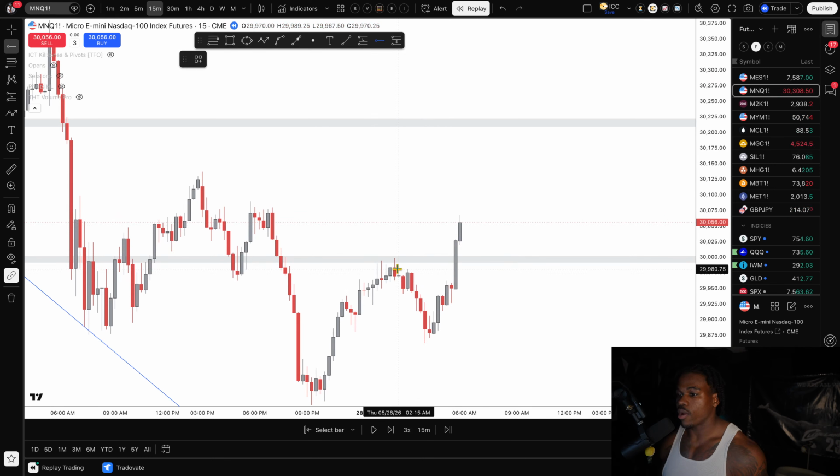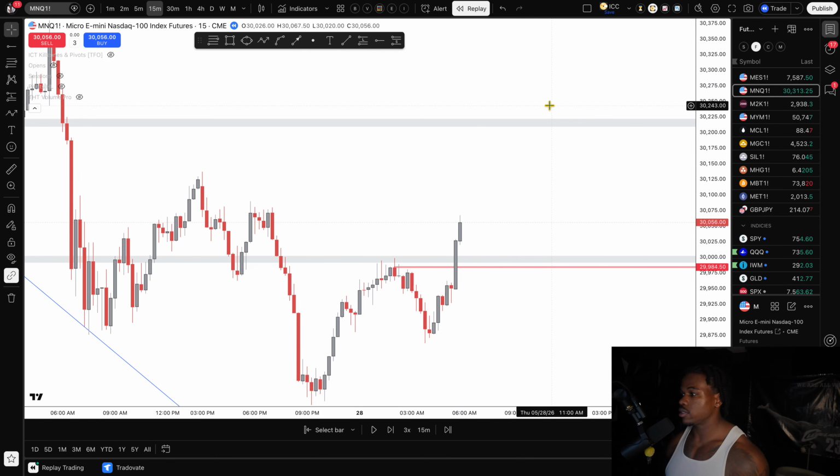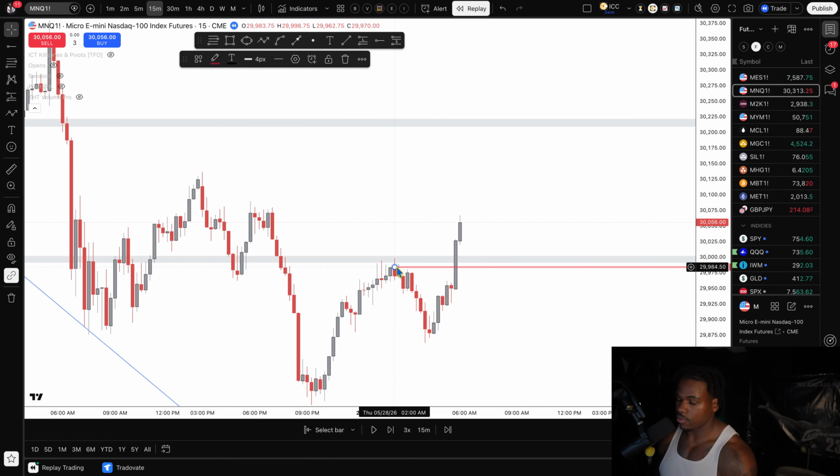I would want price to retrace back into this most recent high to continue the trend back higher. It's all market structure. So remember, the 4 hour was bullish. I need my 1 hour to correct, then turn back bullish, and then I take my entry once the 15-minute is bullish. But the thing about the entry time frame, before I mark this up, is that we need it to be bullish.